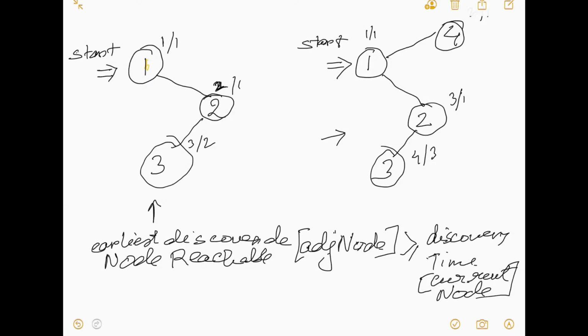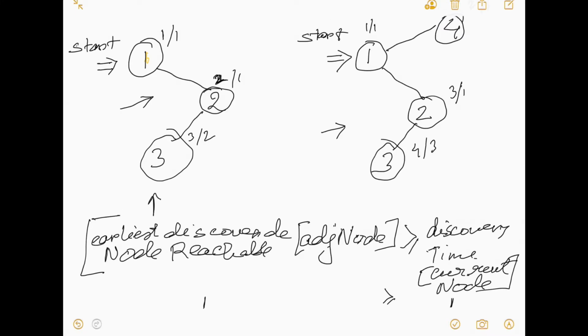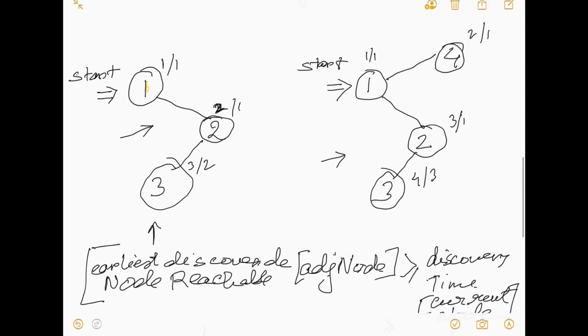So here when we are at 1, we see that it has only one adjacent node, which is 2, and for 2 this condition holds true, because 2 has the earliest discovered node reachable as 1, and 1 has the discovery time of 1, and 1 is indeed greater than or equal to 1, which makes 1 the articulation point here, which is the same for the second graph as well.